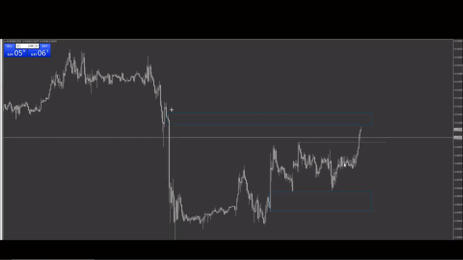So this blue box up here is the area I'm interested in trading at, and you've also got this nice thin move up into the level here. Right, there's no significant basing anywhere in this leg. So it looks quite thin, and so I'm expecting that to get filled quite easily.